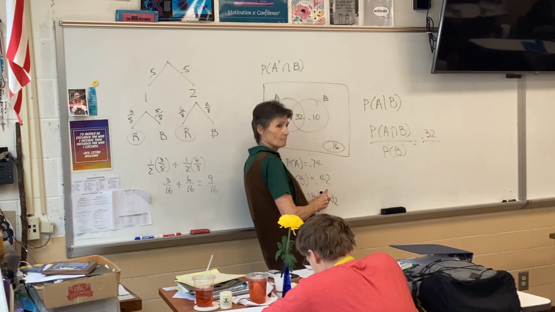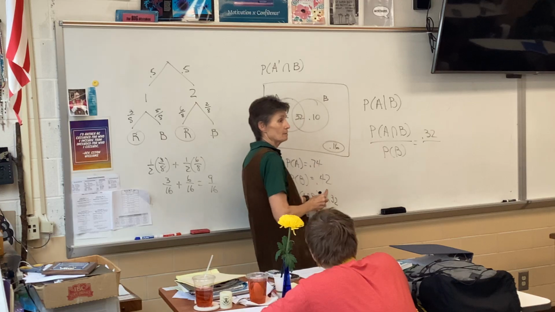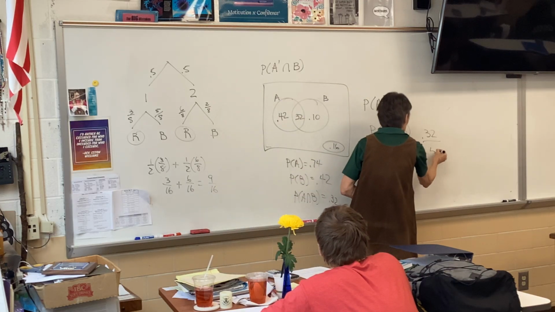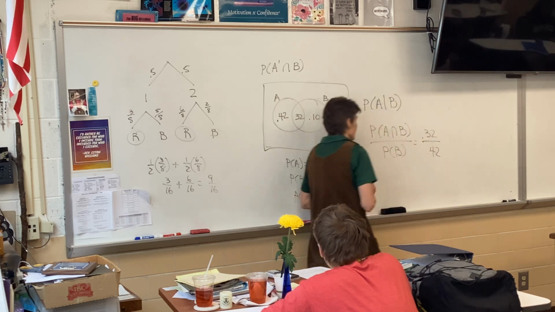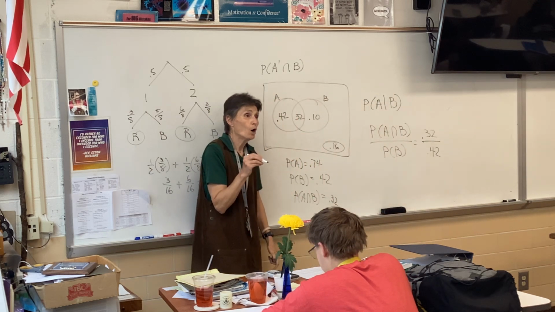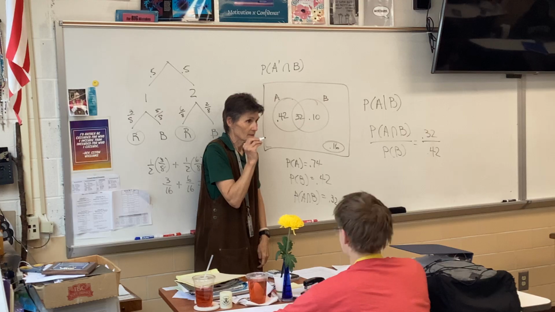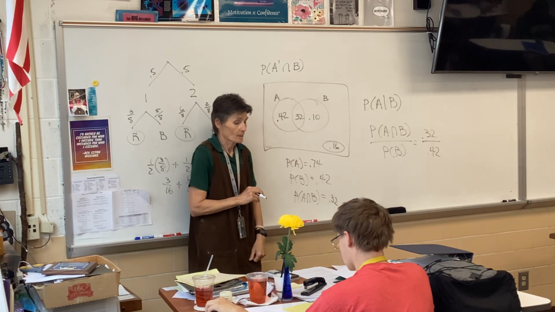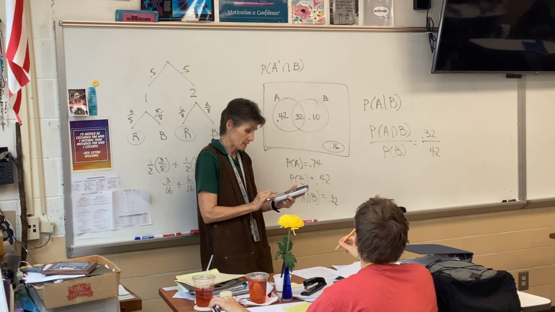What's the probability of B? 0.42. So it's both over just B, all the B. And then that's your answer, whatever that is.